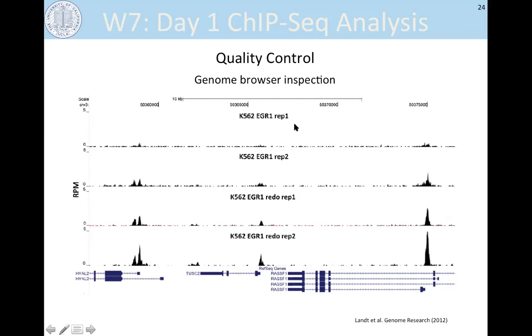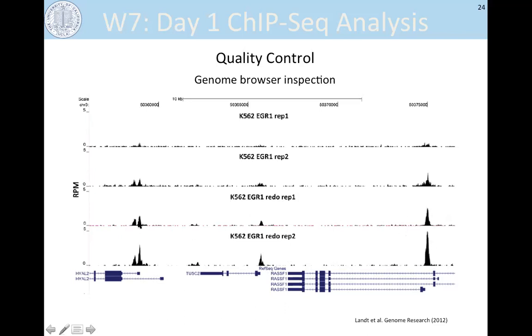So what you can see is this experiment, this replicate for EGR1, looks like it has low enrichment compared to background at these different promoters. This replicate looks a little better. And here these were redone, and you can see that the enrichment is a lot better.